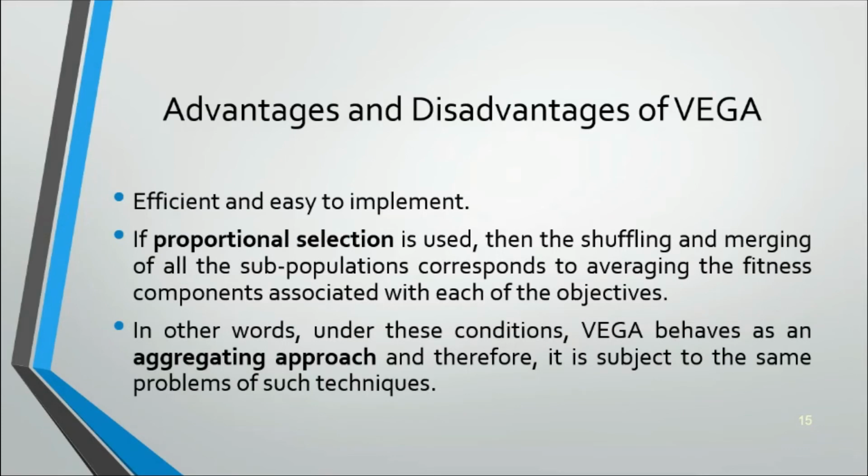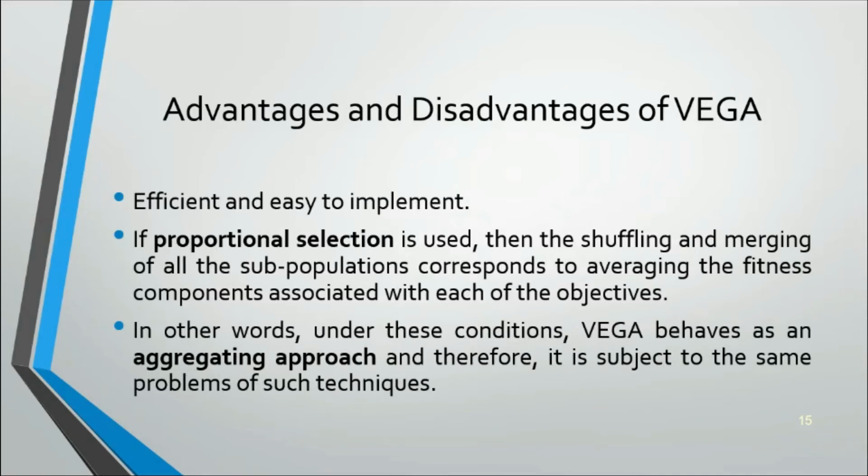So it is efficient as well as easy to implement. The VEGA, the vector evaluated genetic algorithm, is efficient and it is easy to implement. If proportional selection is used, then the shuffling and merging of all the subpopulations corresponds to averaging the fitness components associated with each of the objectives.